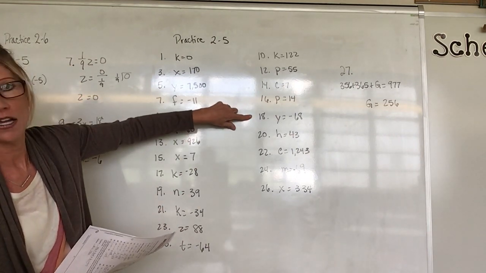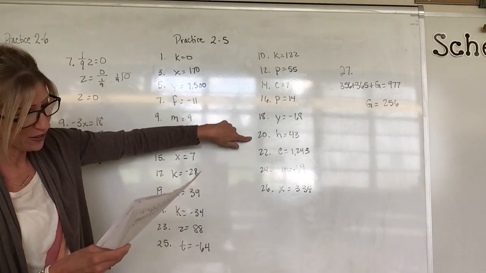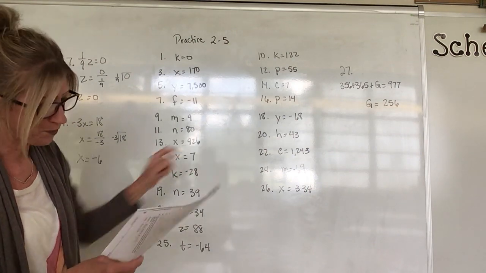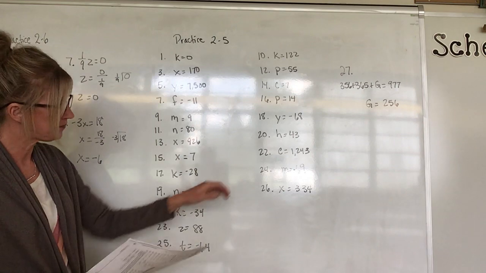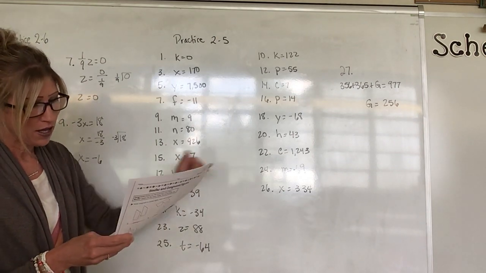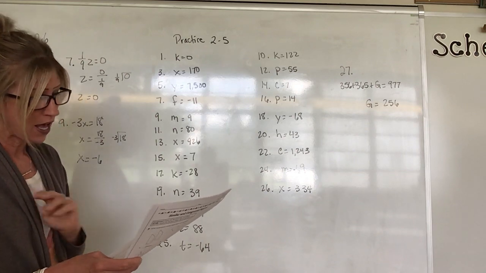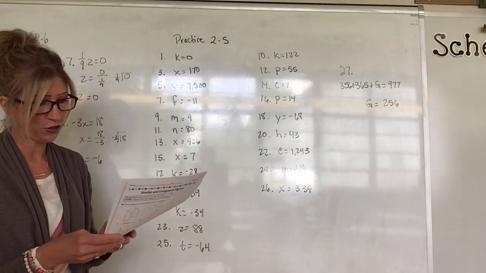Number 18, Y equals a negative 68. Number 20, H equals 43. Number 22, C equals 1,243. Number 24, M equals a negative 69. And number 26, X equals 334.